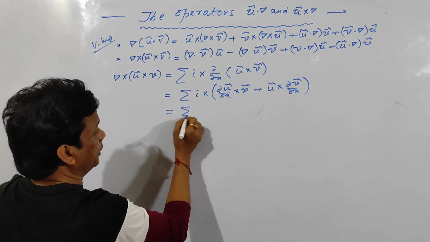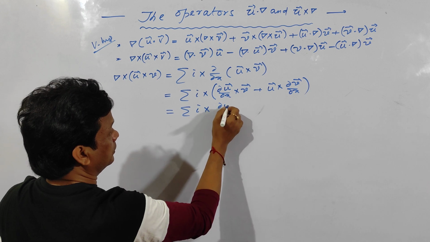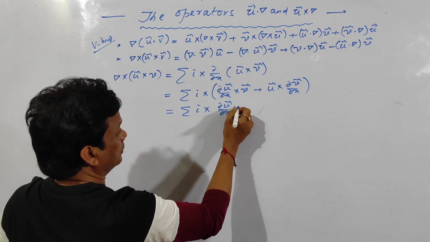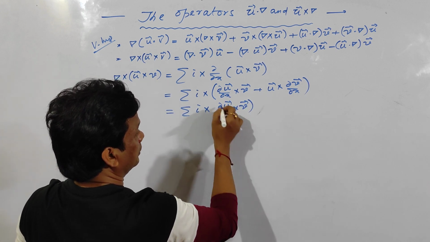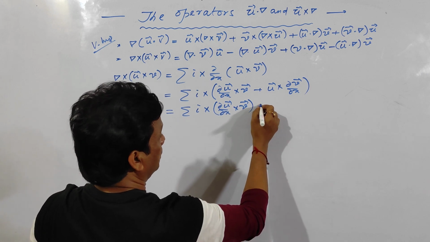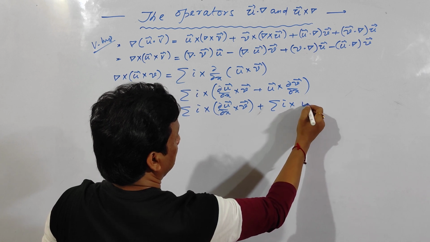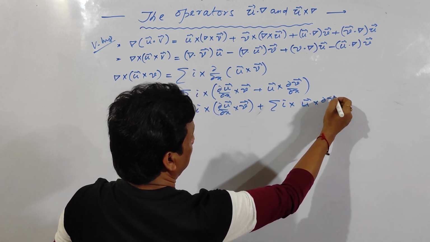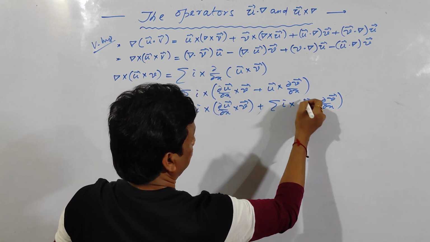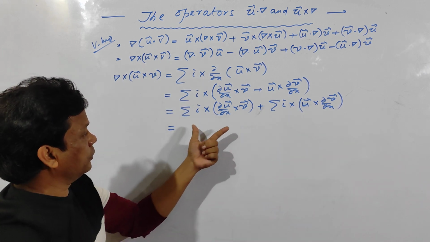Then separate it: i cross del u by del x cross v plus summation i cross u cross del v by del x. Now apply the vector triple product here.